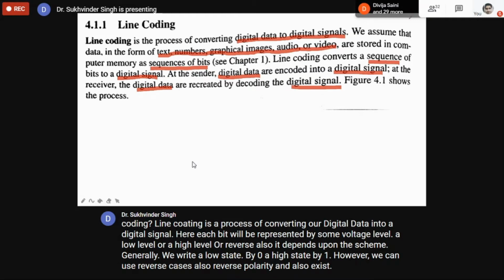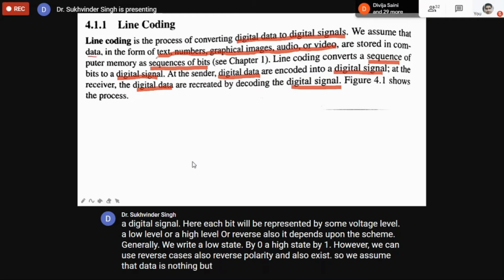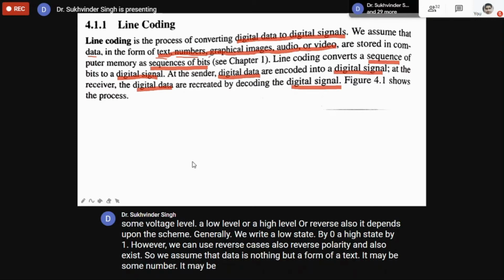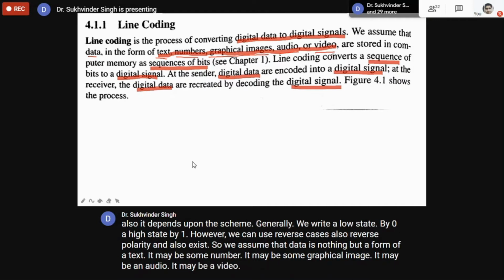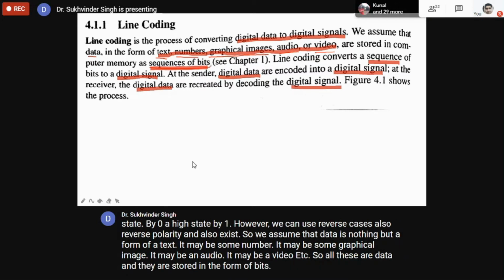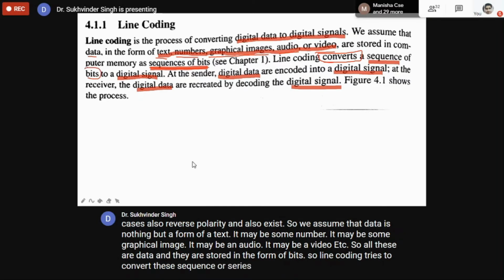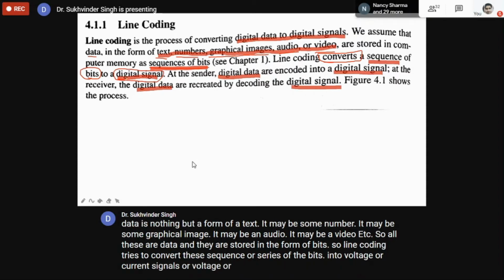We assume that data is nothing but a form of text. It may be some number, a graphical image, audio, video, etc. All these are data and they are stored in the form of bits. Line coding tries to convert this sequence of bits into voltage or current signals or levels.